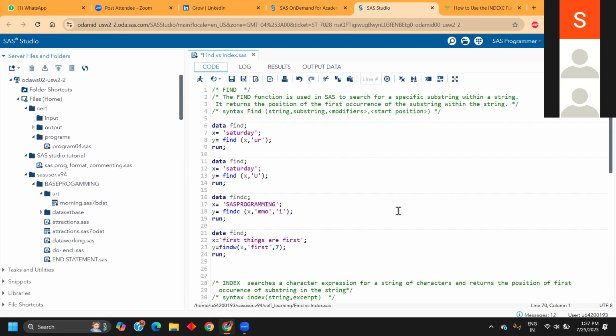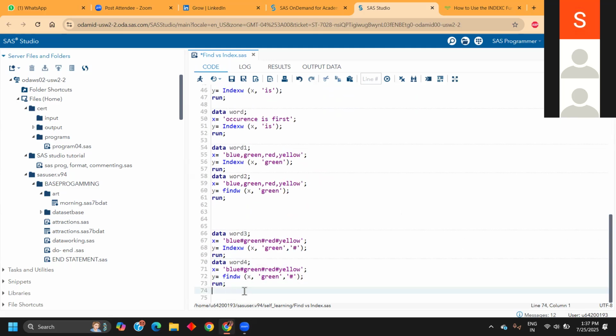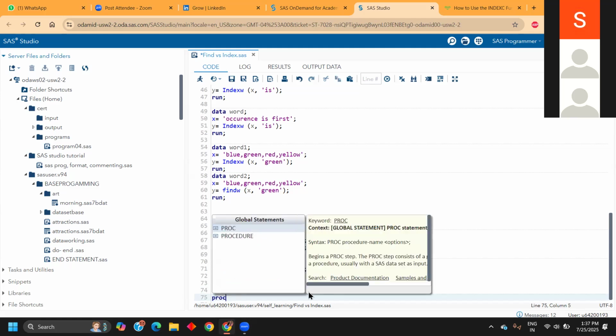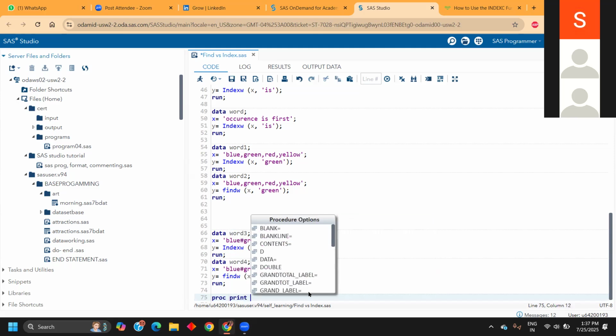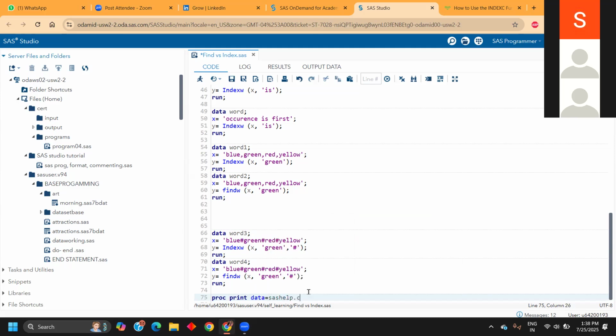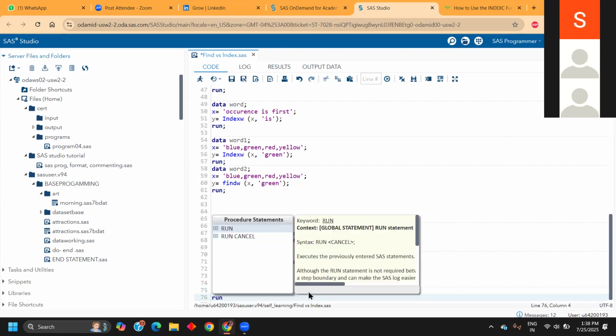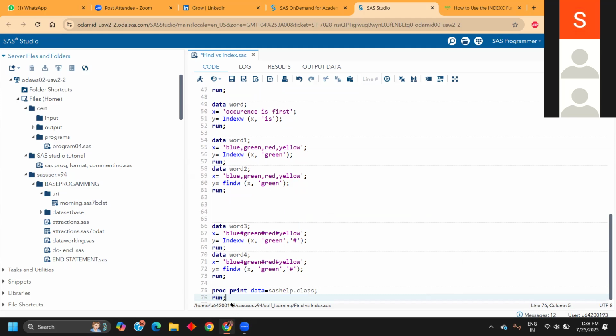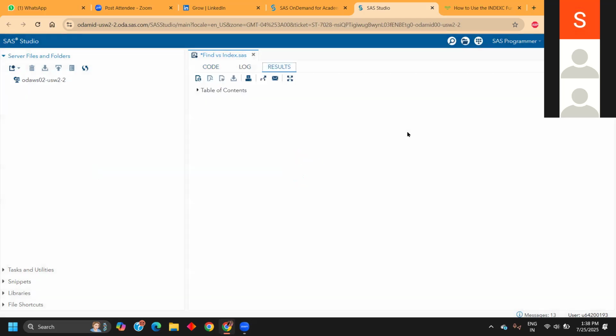In class data, ma'am, just write a command to print the class data. Just press F3.